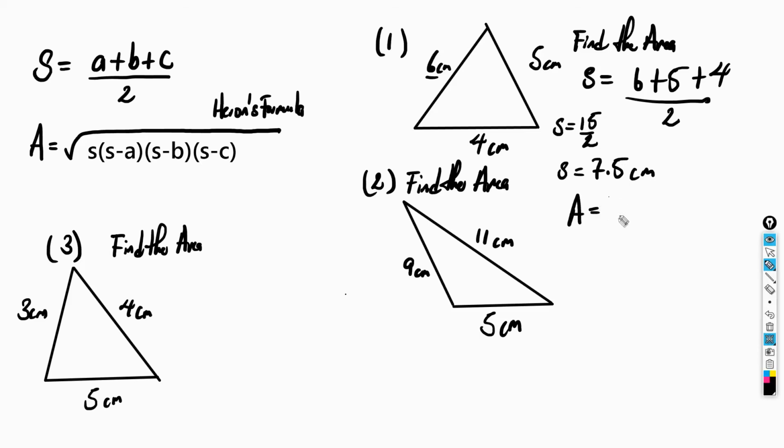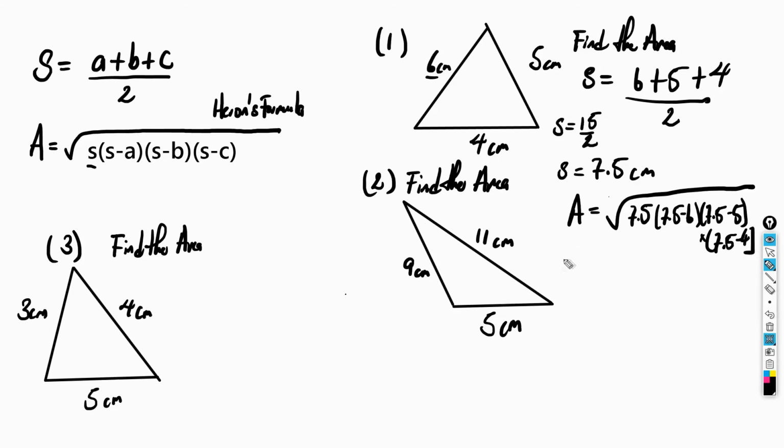Now we need to find the area. The area is equal to the square root of S times S minus A times S minus B times S minus C. So we're going to end up with 7.5 multiplied by 7.5 minus 6, multiplied by 7.5 minus 5, multiplied by 7.5 minus 4.